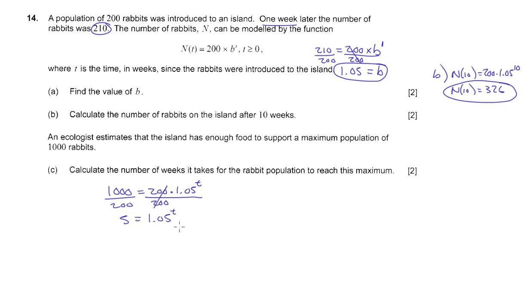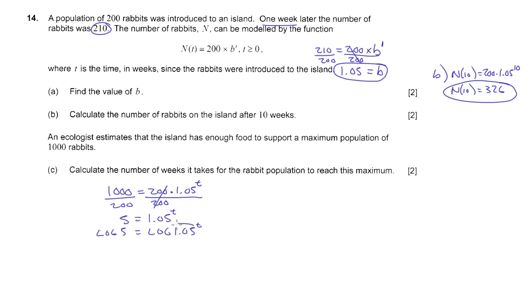Now, a lot of people will go through and make a table on the graphing calculator. It's just going to be so much easier to use good old logarithms. If you don't remember how to convert from exponential form into log form, which is easily forgettable, just take the log of both sides. So log 5 equals log 1.05 to the t.